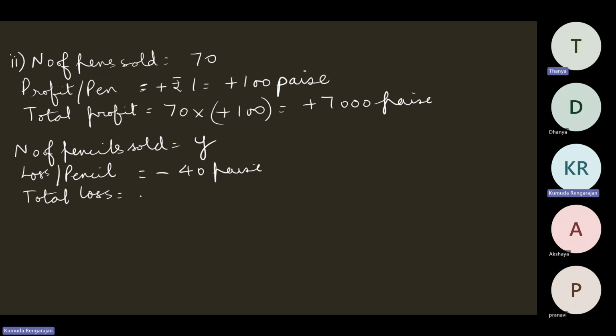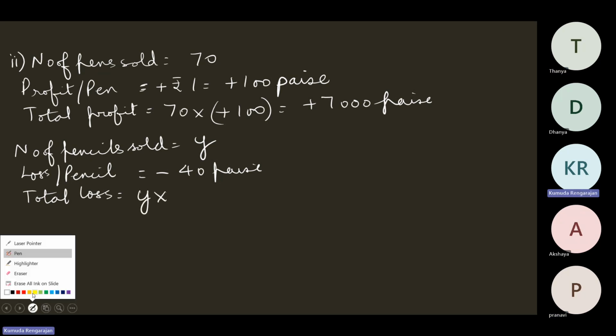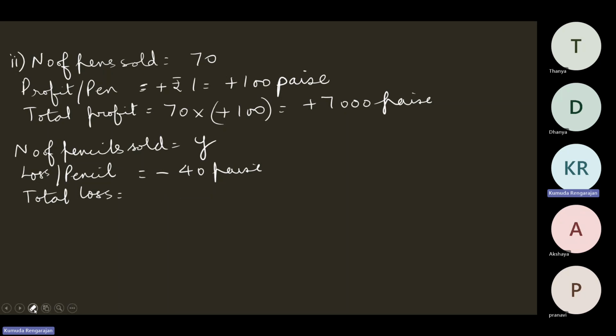You can write minus 40 into y or y into minus 40, both are fine. Which is minus 40y paise. Now we'll have to put these two together.